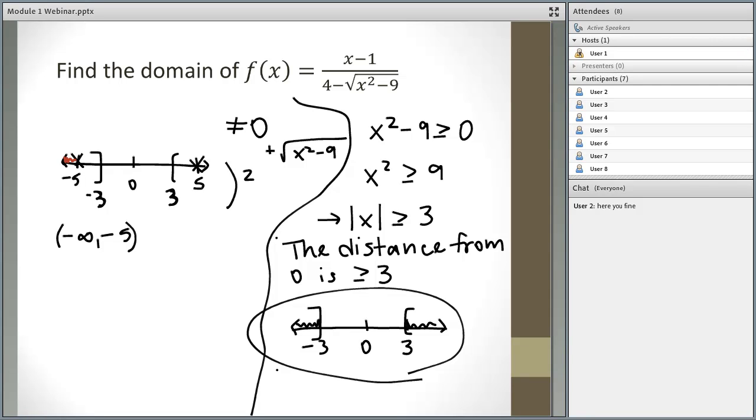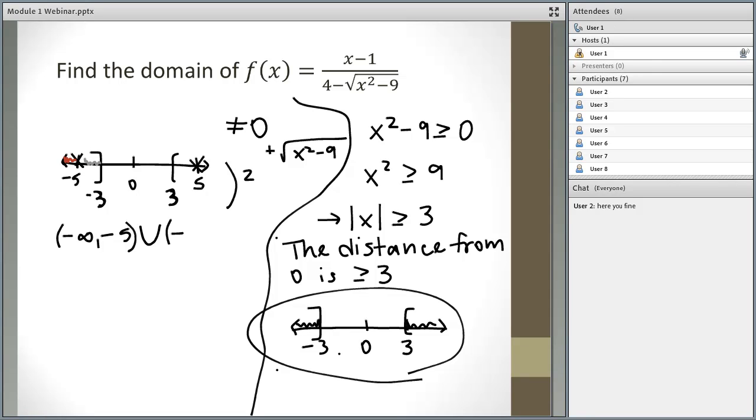And then the second interval is between -5 and -3. And how we combine these is we use this, looks like a capital U, kind of. It's the union, it means or.